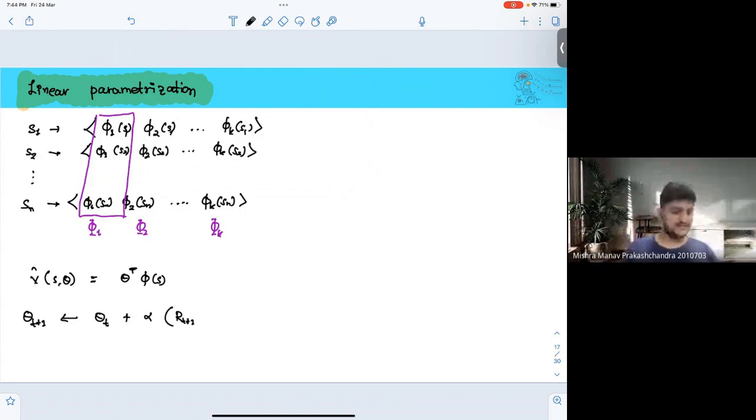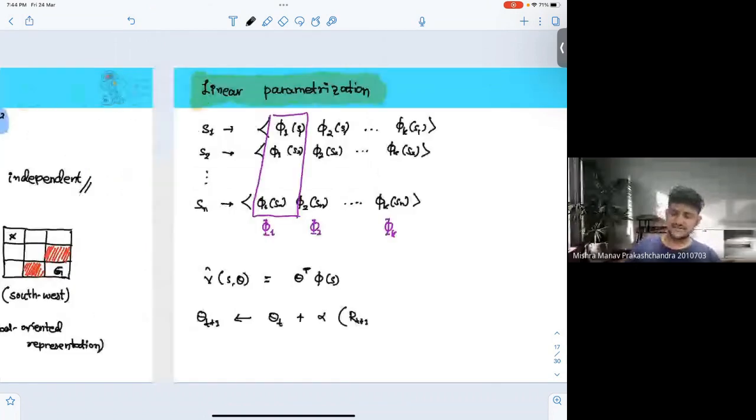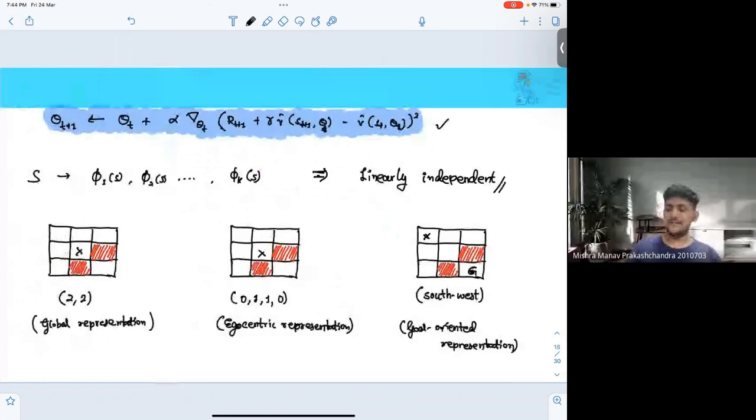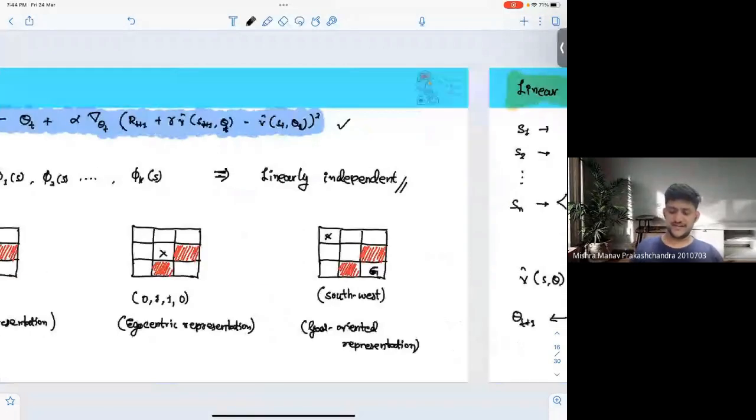So once I take the gradient of that with respect to theta t, I end up getting this term. So I'm just evaluating this term by putting this quantity here instead of v hat, right?